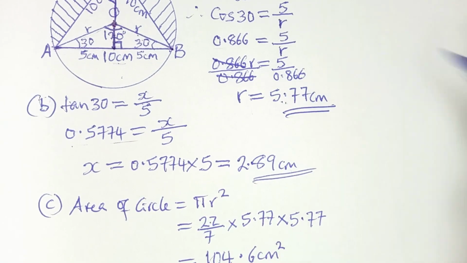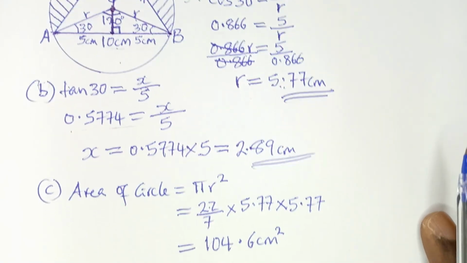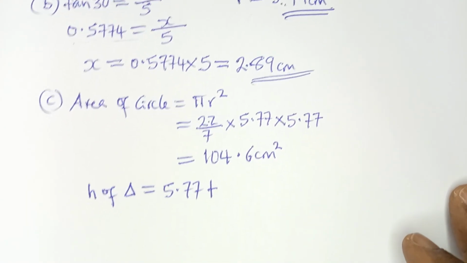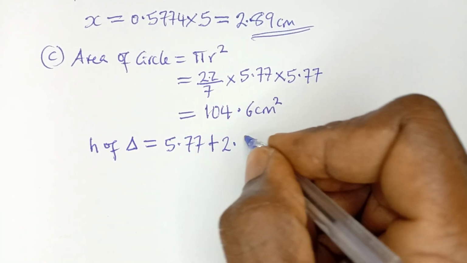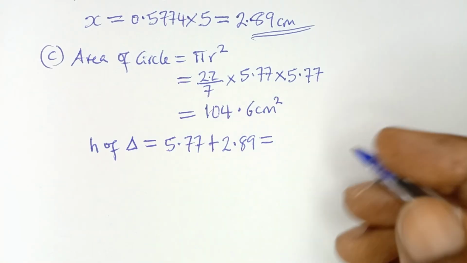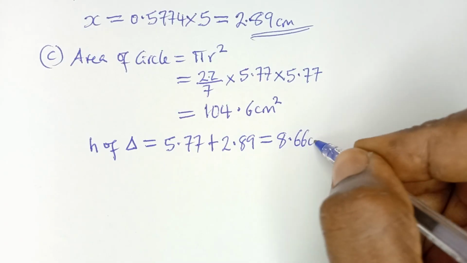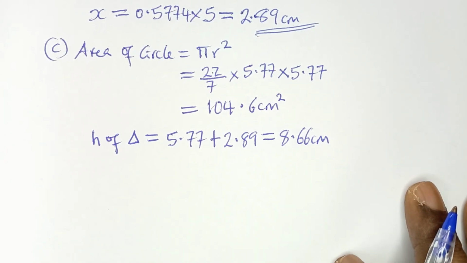The radius added to this x gives us the height. That value of x is 2.89. Adding those two parts together will give us 8.66. So that means the height of the triangle is 8.66.